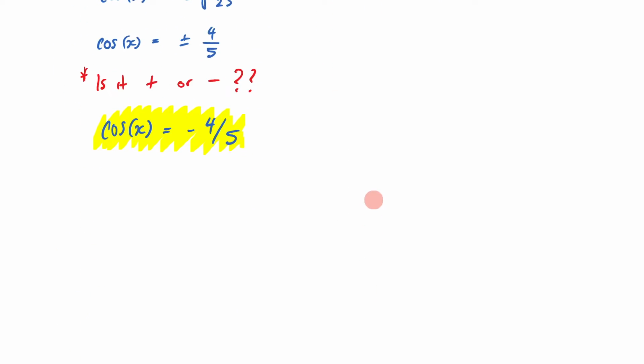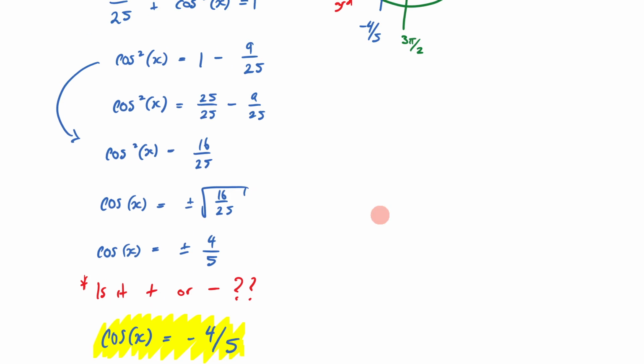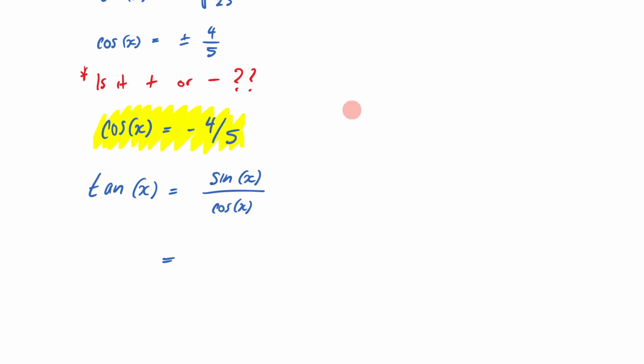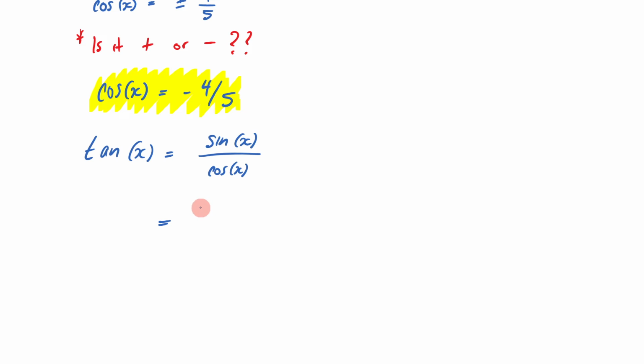Okay, now we continue on. We now need to figure out what our tan is going to be. And we know how to figure out what our tan is: simply the sine over the cos. Now, if our sine of x is equal to, now I've already forgotten what it was. What was it? It was 3 on 5. We're going to divide that by our cos, negative 4 on 5.